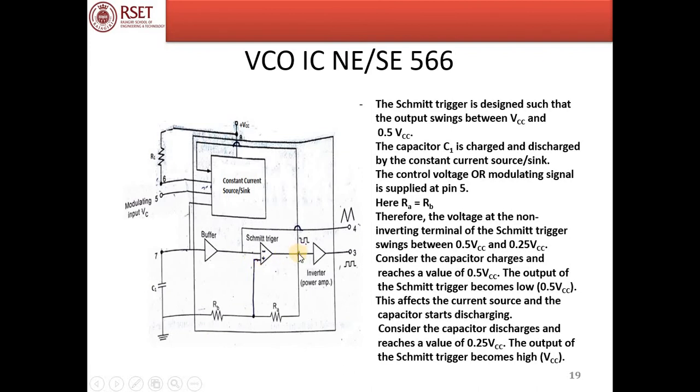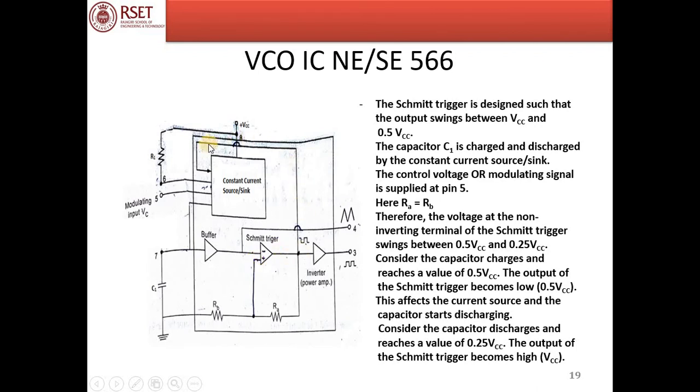So initially the Schmitt trigger output was high, that is, it was VCC. At that time the voltage at this terminal was 0.5 VCC. The capacitor keeps on charging and reached 0.5 VCC. The output of the Schmitt trigger switched to low, that is, the output of the Schmitt trigger became 0.5 VCC. At that point, the voltage at the non-inverting terminal is 0.25 VCC.